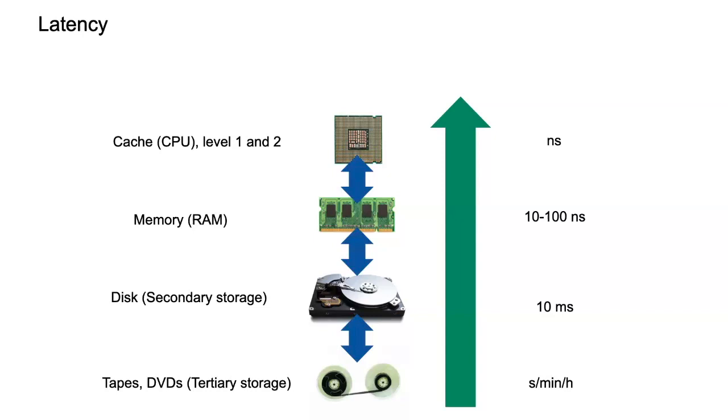In terms of latency, the cache is nanoseconds, the memory 10 to 100 nanoseconds. That's just the order of magnitude. The disk 10 milliseconds, the tapes seconds, minutes, hours, depending on where it is. And then the throughput. 1 terabyte per second. Well, I'm not saying there is actually a terabyte transmitted, but this is just because we look at an entire second, right?